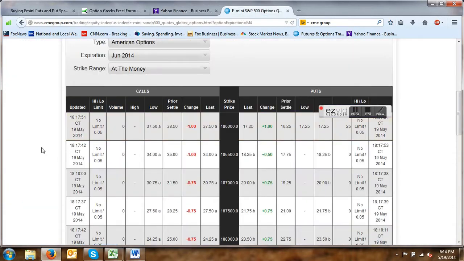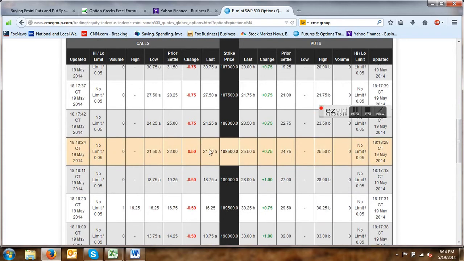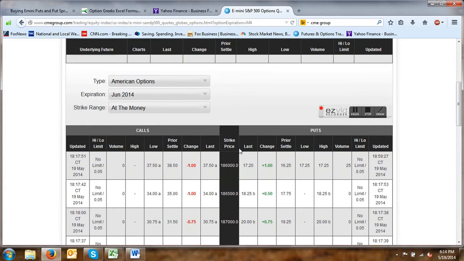So what you would do here is basically take out a put contract that's at the money, in this case 1885. You'd be long that one. It'd cost you $22.50, and then you'd short one of the contracts that have a slightly lower price to create a bear spread with puts.